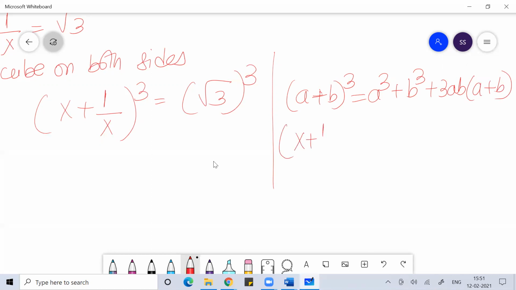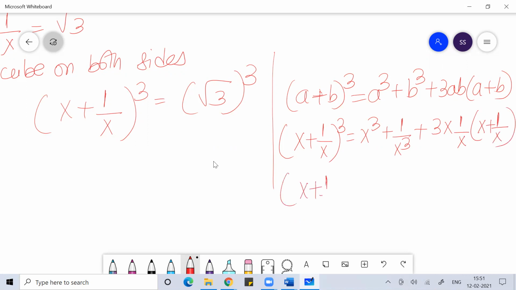So x plus 1 by x whole cube is x cube plus 1 by x cube plus 3 into x into 1 by x into x plus 1 by x. I can write this as x plus 1 by x whole cube is equal to x cube plus 1 by x cube plus 3, where x and 1 by x get cancelled, into x plus 1 by x.